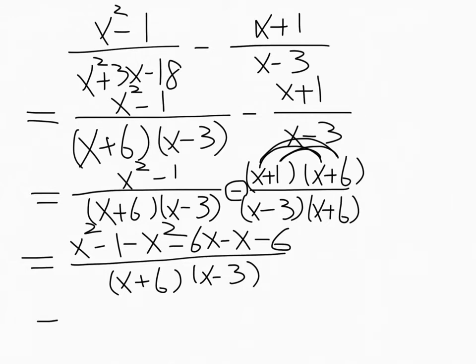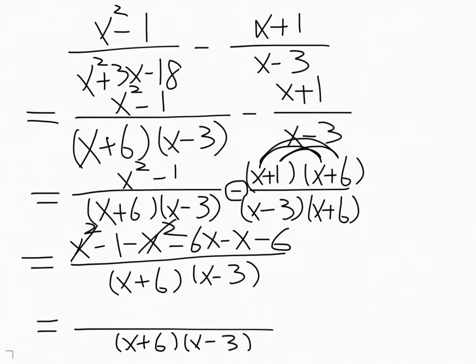Are there any like terms that you can collect at this point? Notice that each time I'm just copying my denominators because that's the least common denominator. x squared and negative x squared, so that cancels. Negative 6x minus x, that is negative 7x. Negative 1 minus 6, that's negative 7.